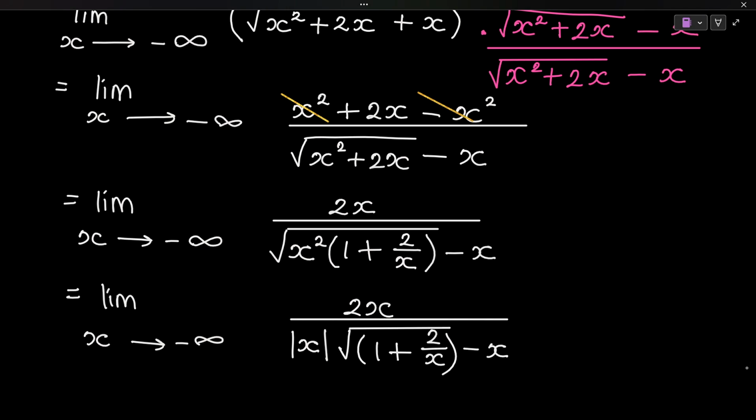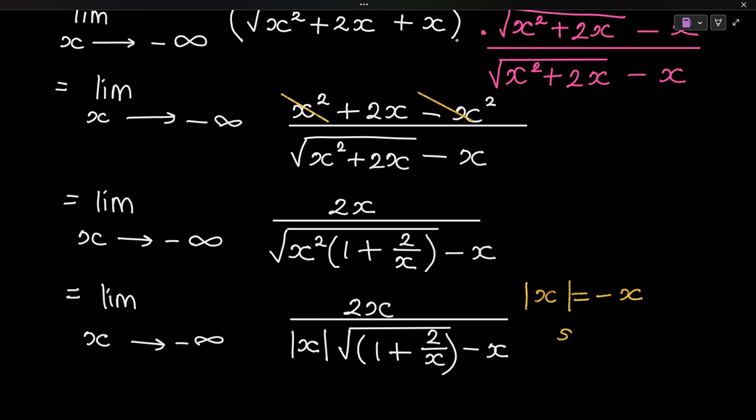Now, just to refresh your mind, we choose the absolute value because x could either be a positive or a negative. However, when we decide what x is going to be, we look at the values that x is approaching. Our limit indicates that x is approaching negative infinity. So let's just make a note of this on the side. For this particular question, the absolute value of x is going to equal negative x.